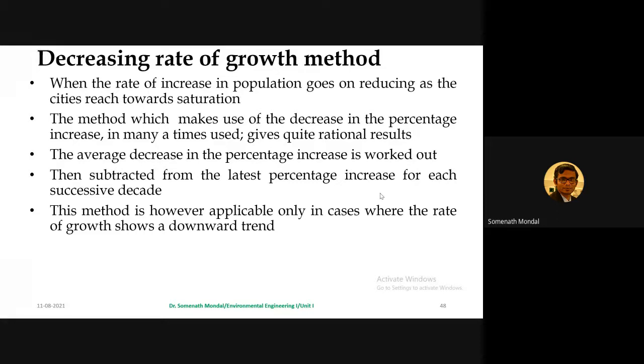This method is, however, applicable only where the rate of growth shows a downward trend. So only a city which tends to reach its saturation as far as population is concerned would be relevant, and for those types of cities it would be pertinent to use the decreasing rate of growth method. Fine.